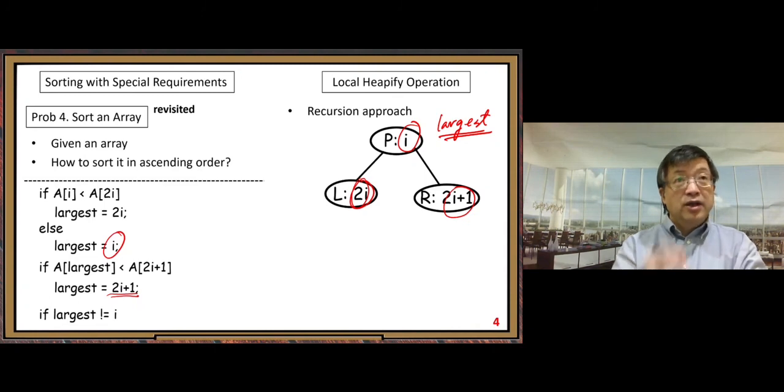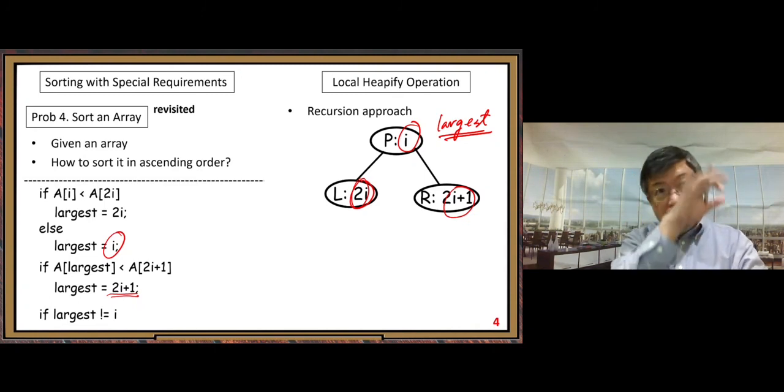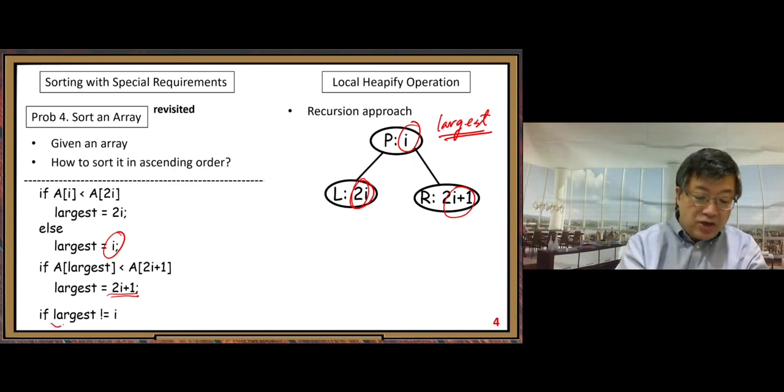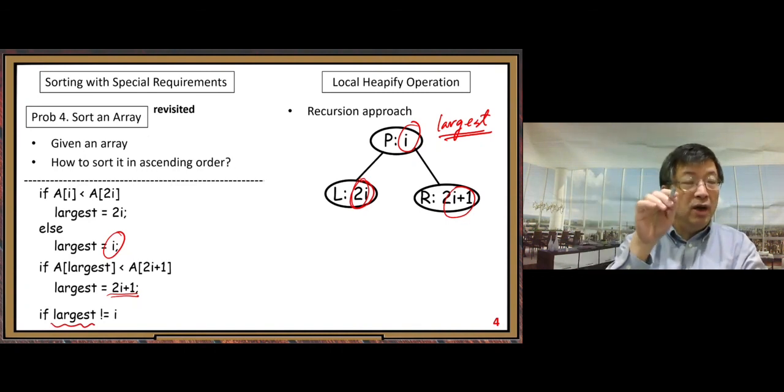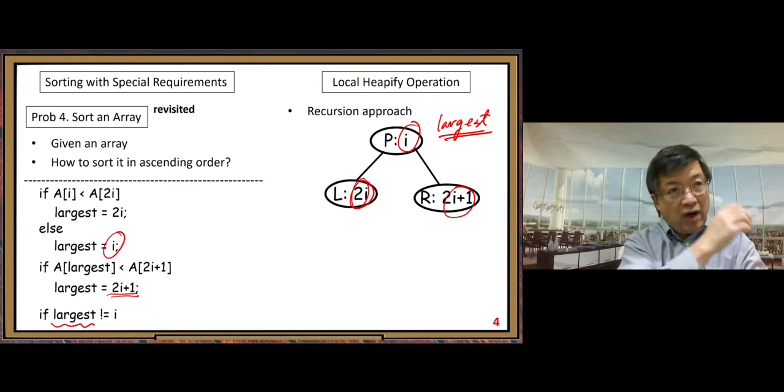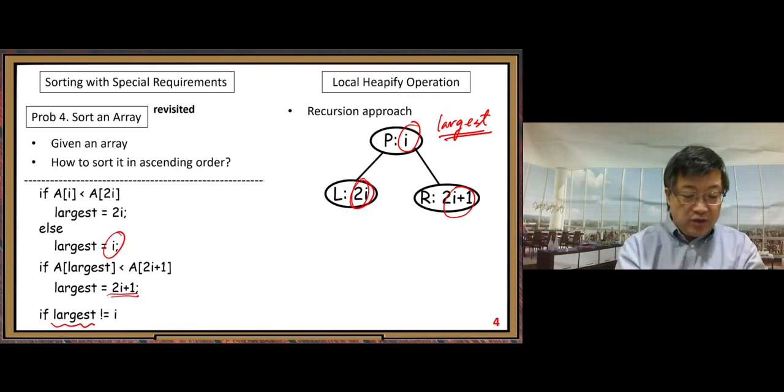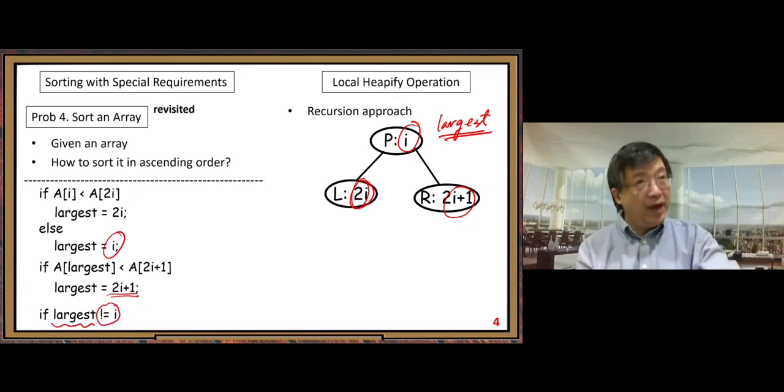After these if-else statements, the largest variable will contain the index that corresponds to the largest value among the 3 nodes. So when we fix it, we try to recover the max heap property. First, we check whether largest is equal to I or not.